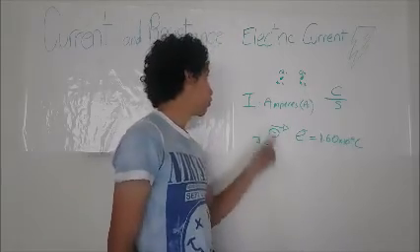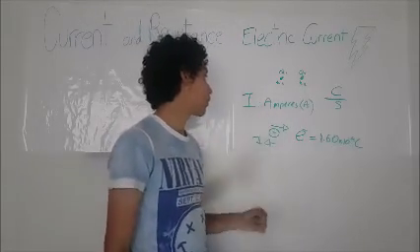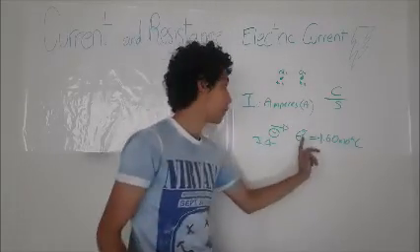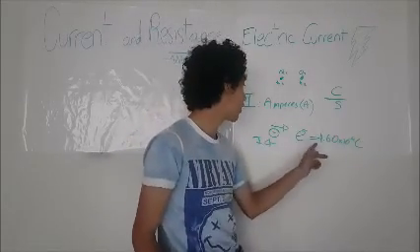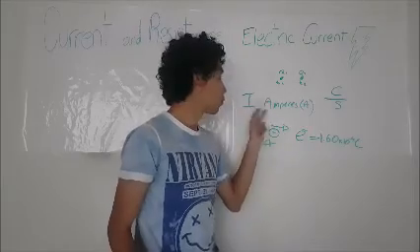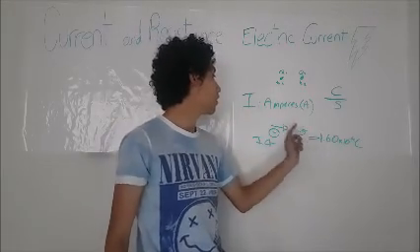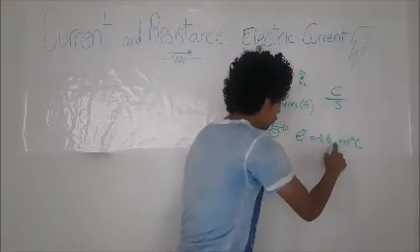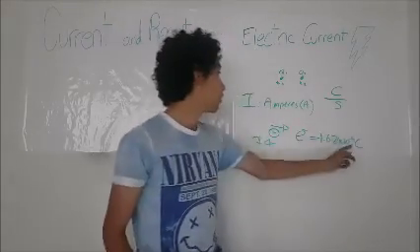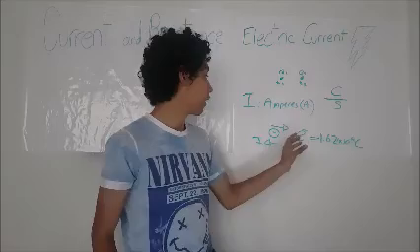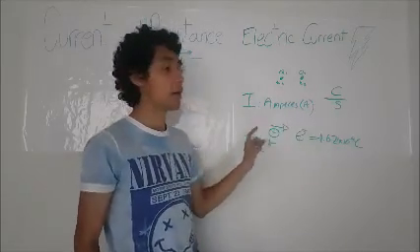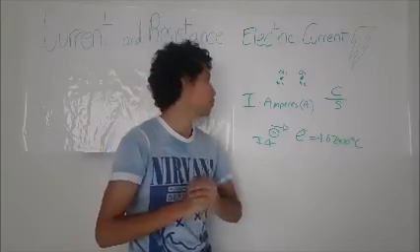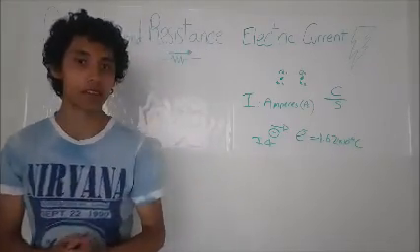So to get 1 ampere, we need to move, to produce 1 ampere, we need 6.24 times 10 to the 18 electrons to pass a point in 1 second. That is a very huge number of electrons.